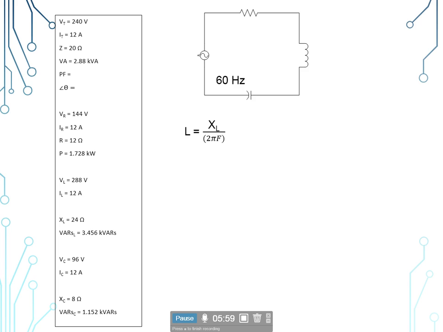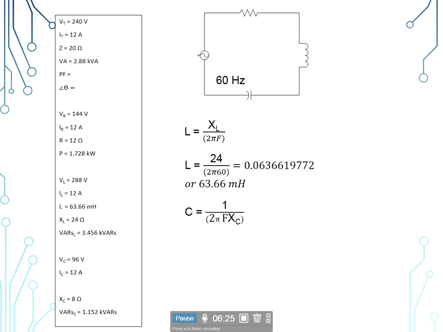Now we're going to look for our inductance. We'll use the formula: inductance is equal to our inductive reactance divided by 2 times pi times the frequency of 60 hertz. Our inductive reactance here is 24 ohms. So 24 ohms divided by 2 times pi times 60 will give us 63.66 millihenries.